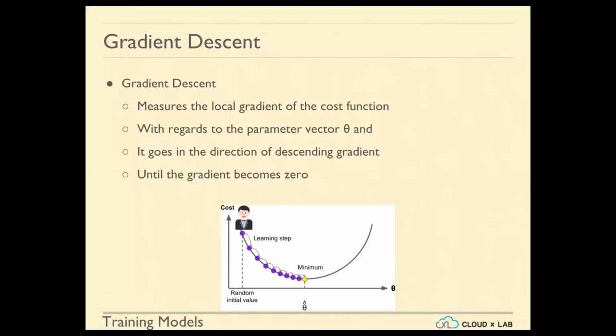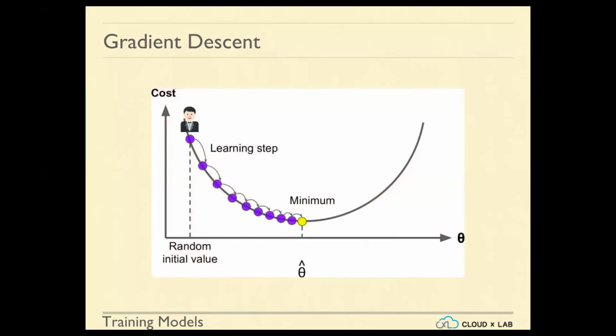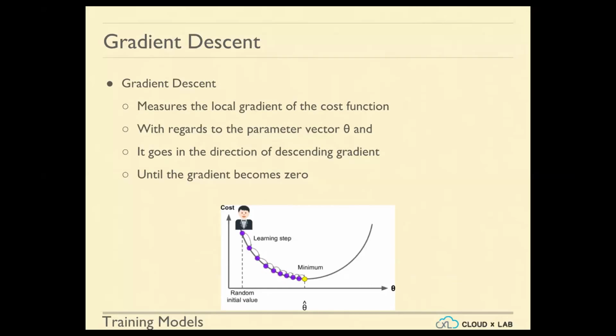The way we do it is we measure the local gradient of the cost function with regard to the parameter vector theta. It goes in the direction of the descending gradient until the gradient becomes 0. Gradient is nothing but slope. Gradient is essentially dy by dx, the slope, the differential, or you can say the first derivative.